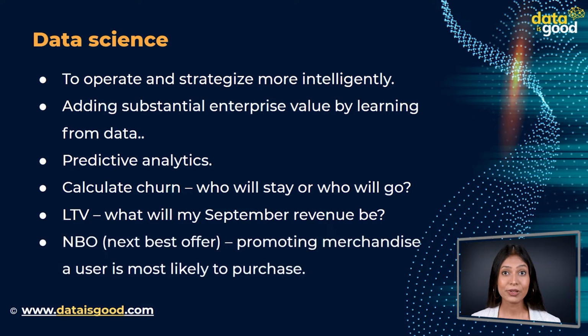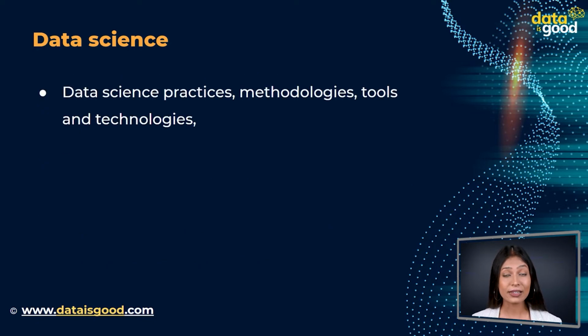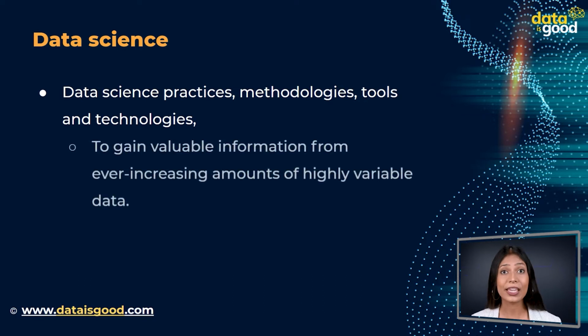And NBO, next best offer: promoting merchandise a user is most likely to purchase. Data science practices, methodologies, tools and technologies give organizations the capabilities they need to gain valuable information from ever-increasing amounts of highly variable data.